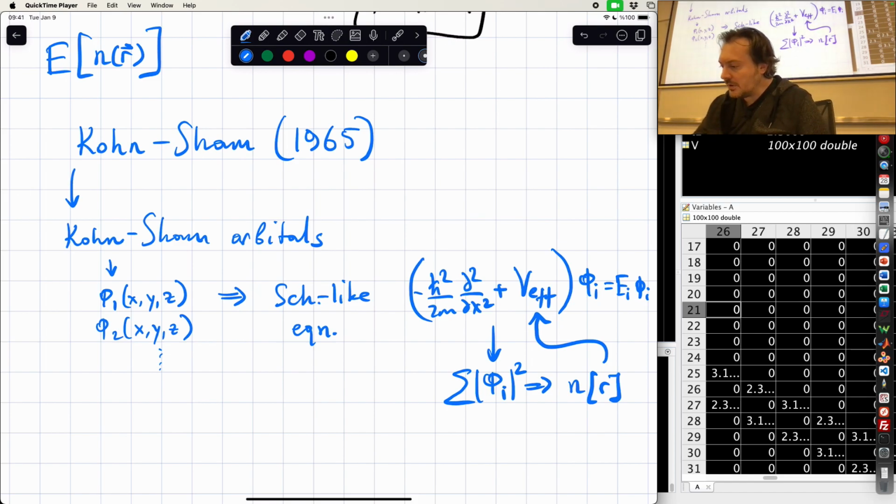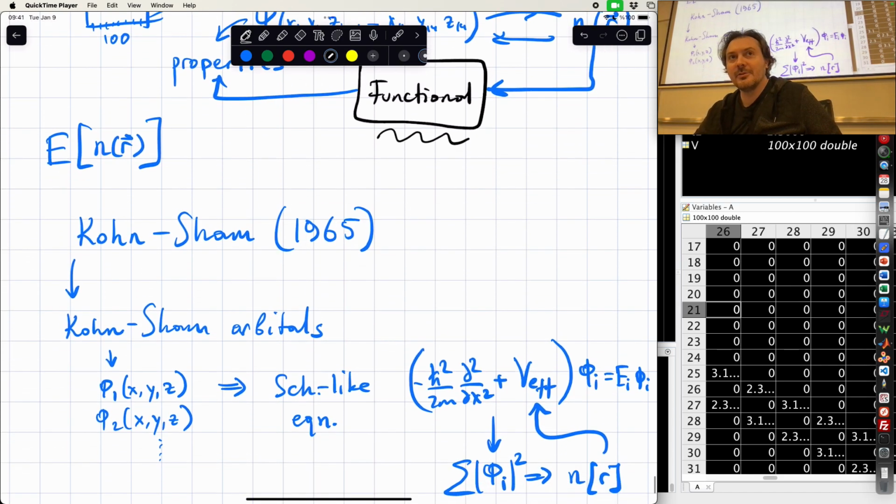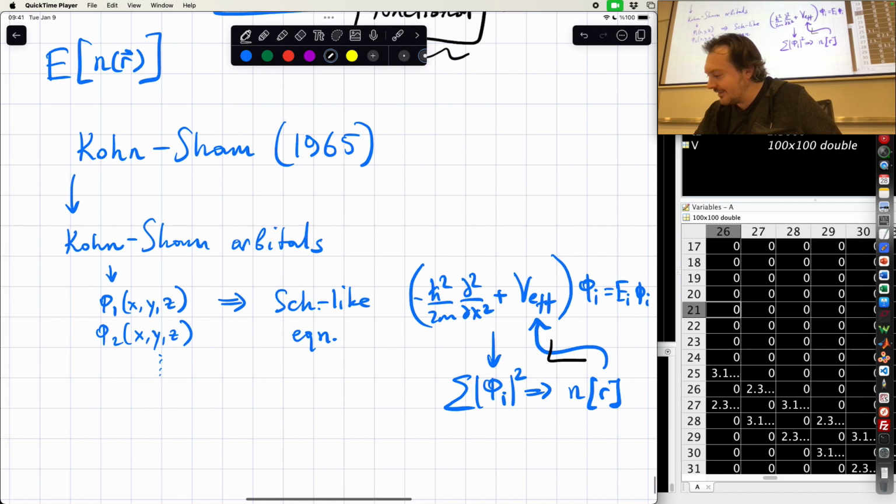So what is then missing? Don't we know everything? Well, what we did is we have moved the black box over here to a black box over here. Okay? What we did with these Kohn-Sham orbitals is only take care of, so let's say there is a total energy, right?